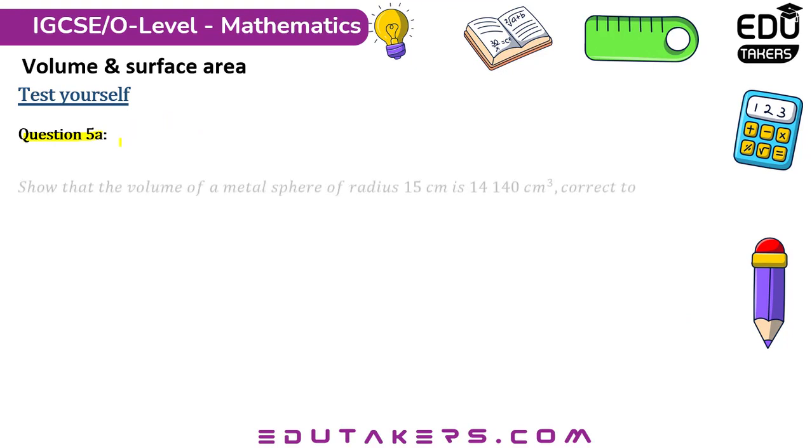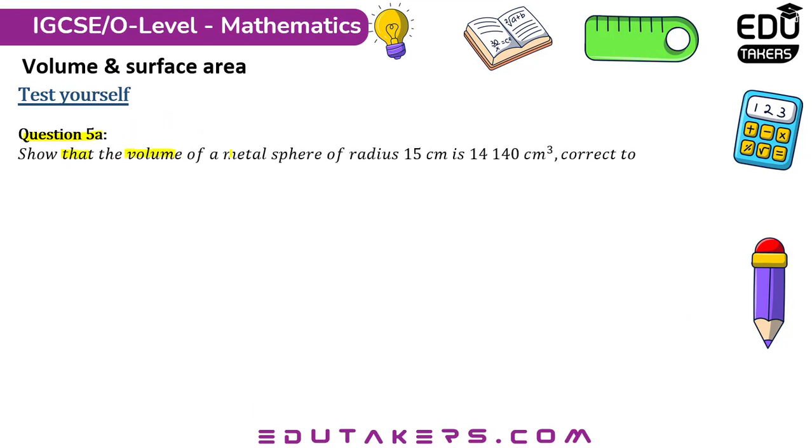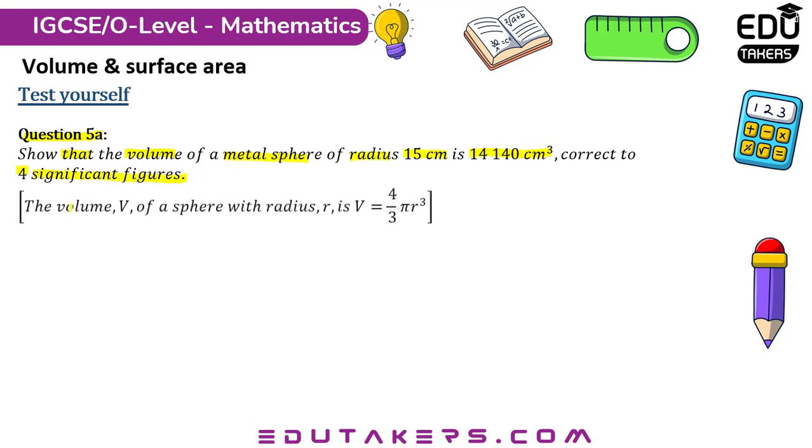Question number 5a. Show that the volume of a metal sphere of radius 15 cm is 14,140 cubic centimeters, correct to 4 significant figures. The volume V of a sphere with radius r is V equals 4 over 3 pi r cubed. It's a 2-mark question.